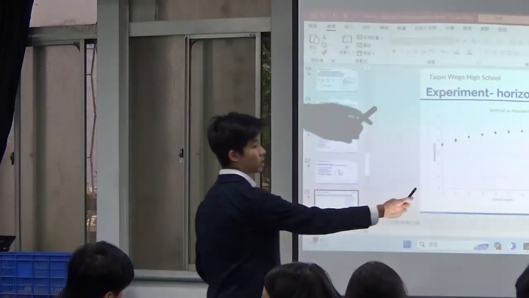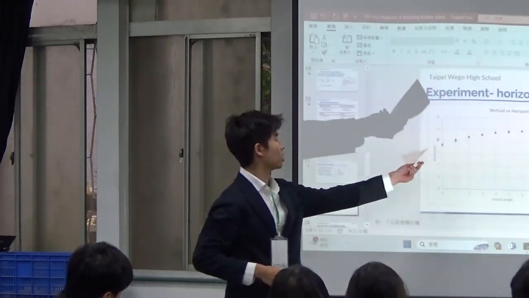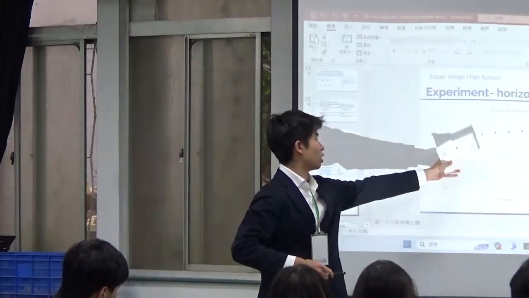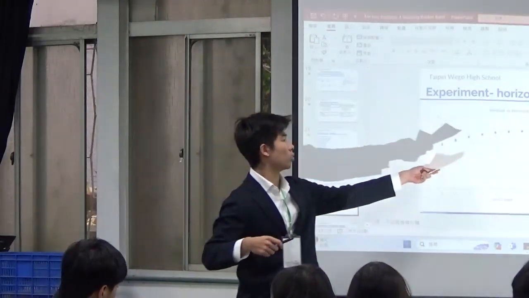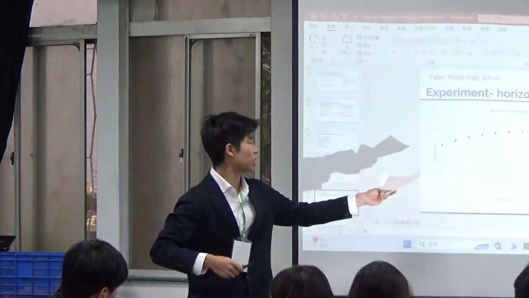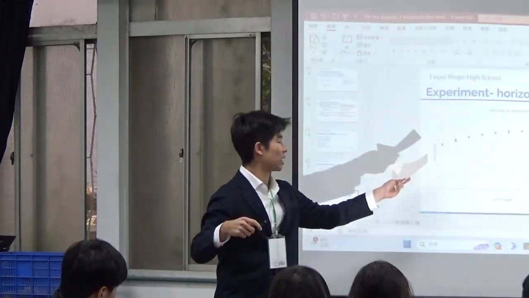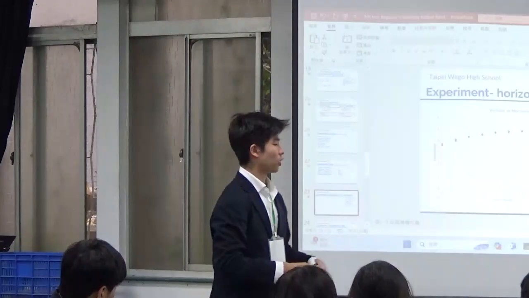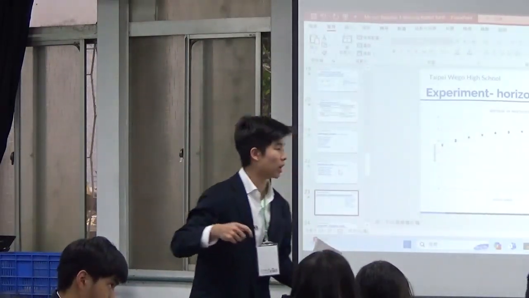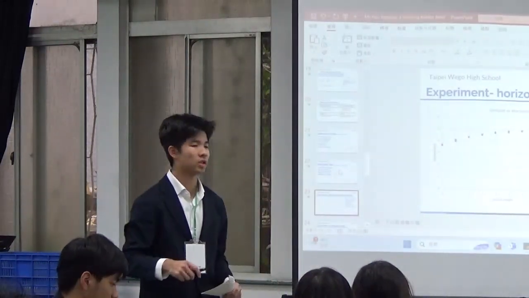And here you can see that we experimented that the horizontal spin and the vertical spin did not have a significantly different result in the distance of the rubber band.